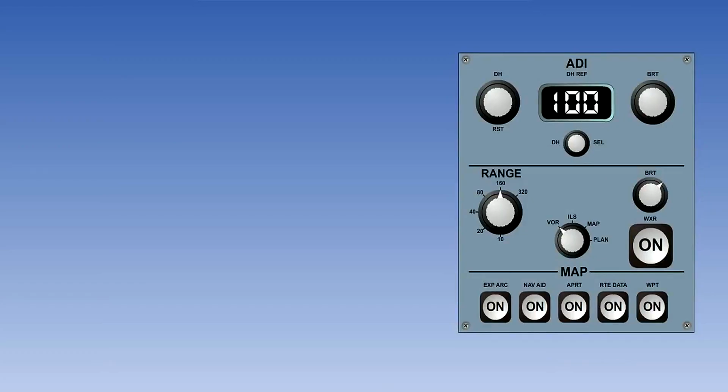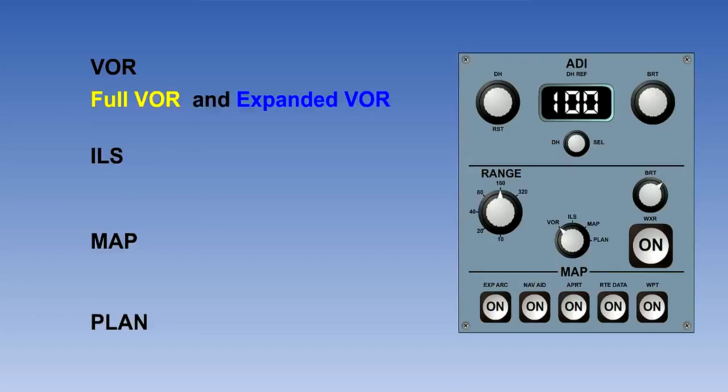By means of 4 principal display modes, which can be manually selected, a substantial amount of flight information can be shown or overlaid. The 4 principal display modes are VOR, ILS, MAP and PLAN. VOR mode can be further subdivided into full VOR mode and expanded VOR mode.